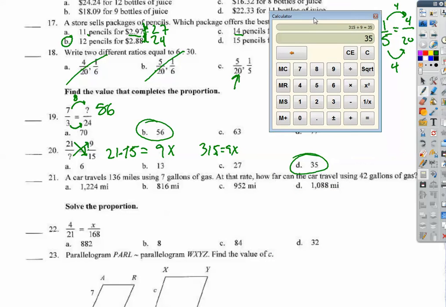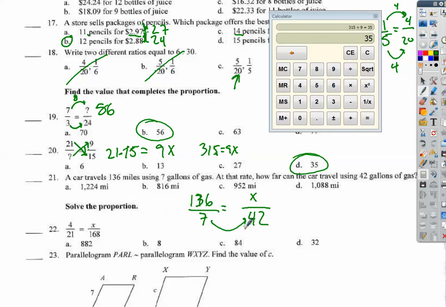21. A car travels 136 miles using 7 gallons of gas. At that rate, how far can the car travel using 42 gallons of gas? So this is ripe for a ratio. I know I can go 136 miles in 7 gallons, and that's going to equal some amount of miles, I'm not sure what, over 42 gallons of gas.